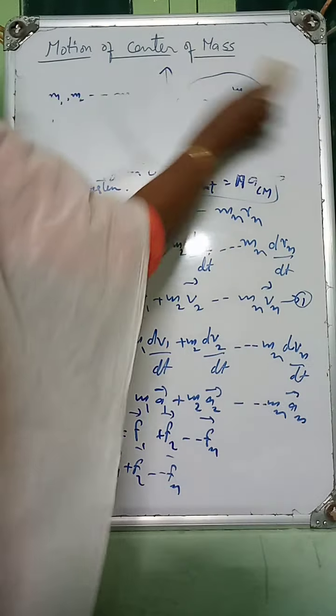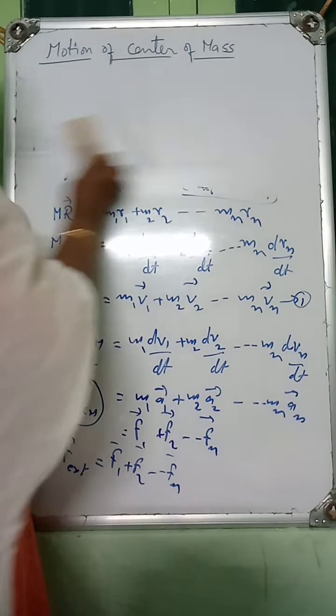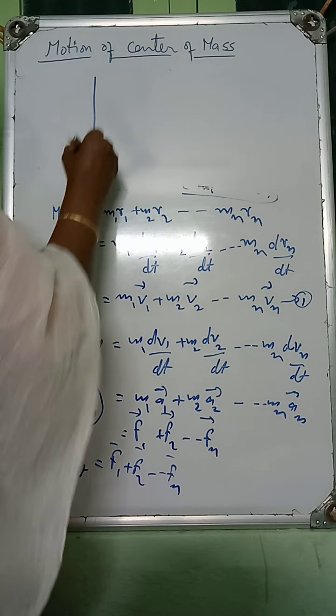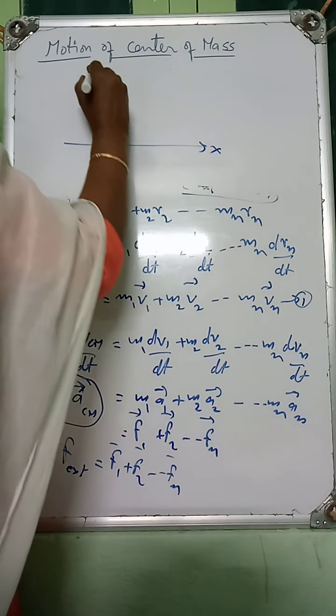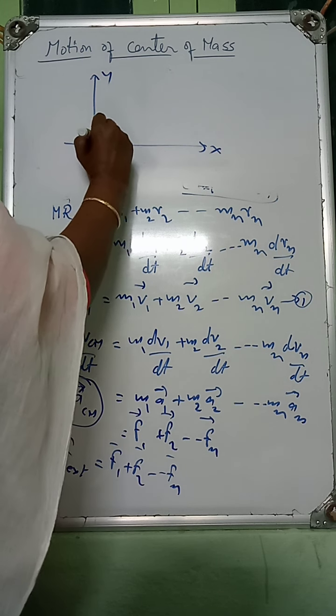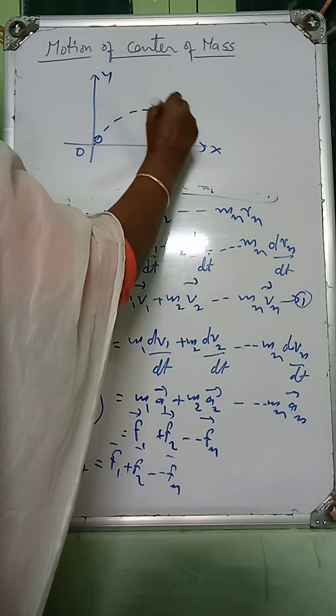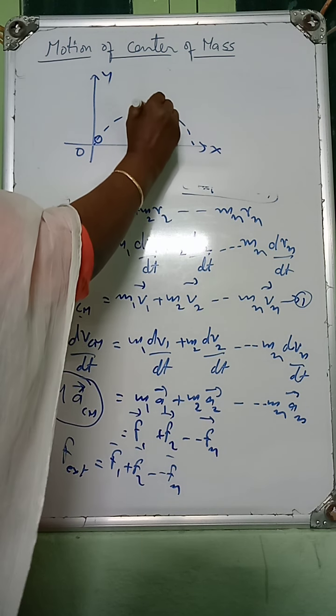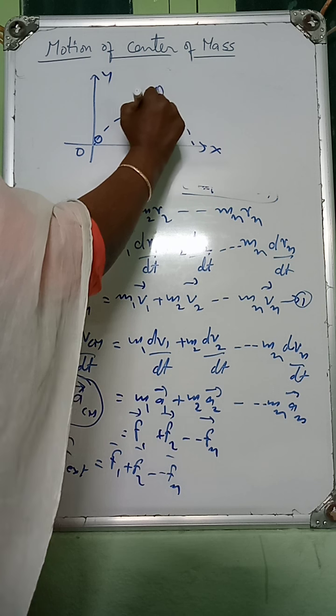For example, a bomb is thrown like this. X-axis, Y-axis. A bomb is thrown from here. It traces the path like this. In the middle, the bomb may explode into n number of pieces.